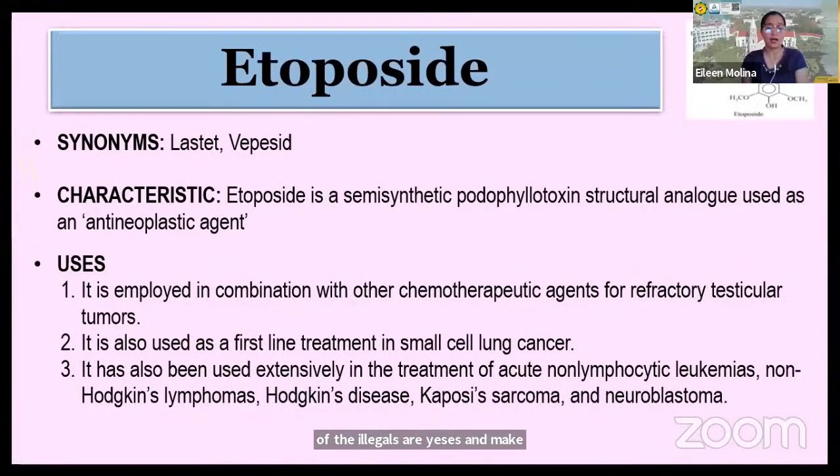For etoposide, etoposide is a semi-synthetic podophyllotoxin structural analog used as an anti-neoplastic agent. It is employed in combination with other chemotherapeutic agents for refractory testicular tumors. It is used as a first-line treatment in small cell lung cancer.